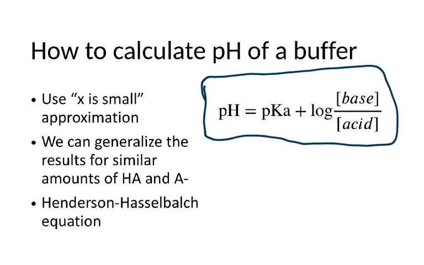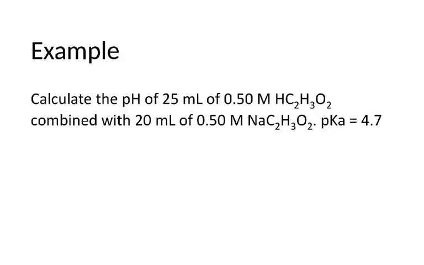Instead of working through the equilibrium situation with the Ka, you can just plug it into the Henderson-Hasselbalch, where you need to know the pKa of the weak acid, and then take the log of the concentration of the base over the concentration of the acid. That will get you your pH.